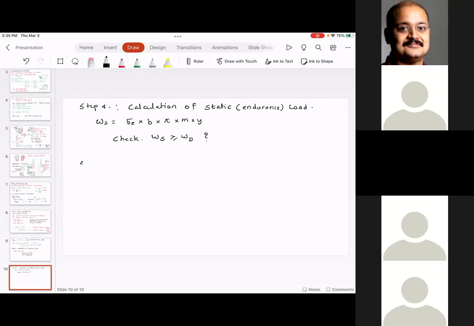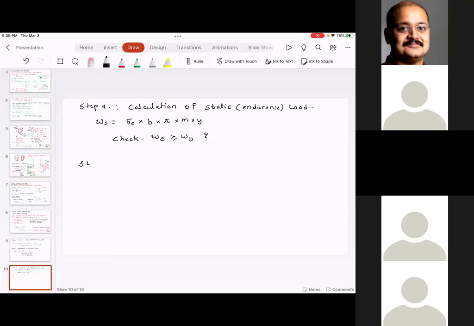Step 5, if it is not, go back and revise. That is an interesting question because that can happen many times, and I will take an example where you will notice that this criteria fails.